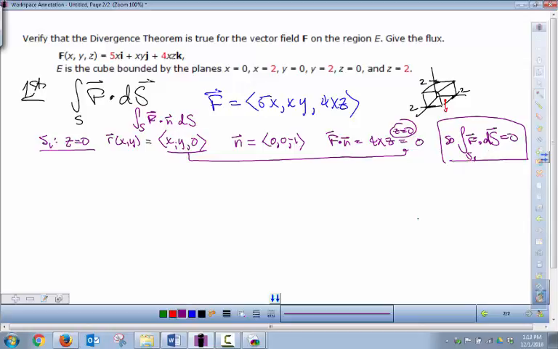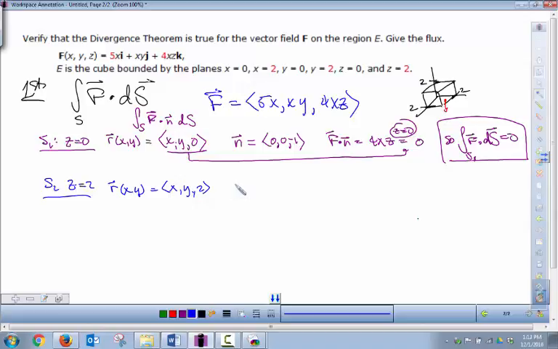All right, let's maybe do some alternating colors here. Let's say S2 is when z is equal to 2. So your R of x, y is going to be equal to x comma y comma 2, which is that parameterization I just had.